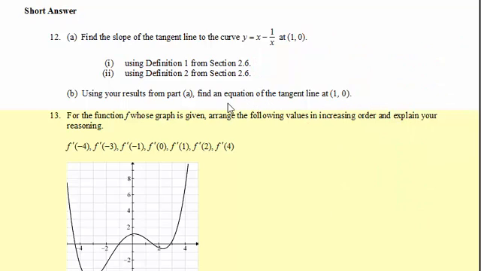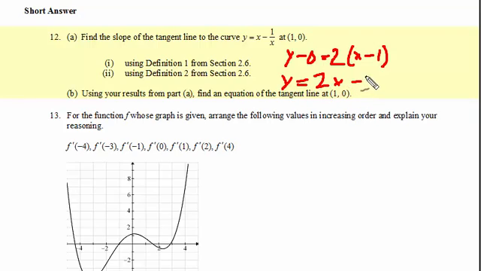Now we're going to use the 2.6 formula again of the tangent line, which is y minus f of a, which is 0, equals the slope of the tangent line, which we just figured out is 2, times x minus the x coordinate of the point, which is 1. Okay, solve it. y equals 2x minus 2. And that would be the answer to B.